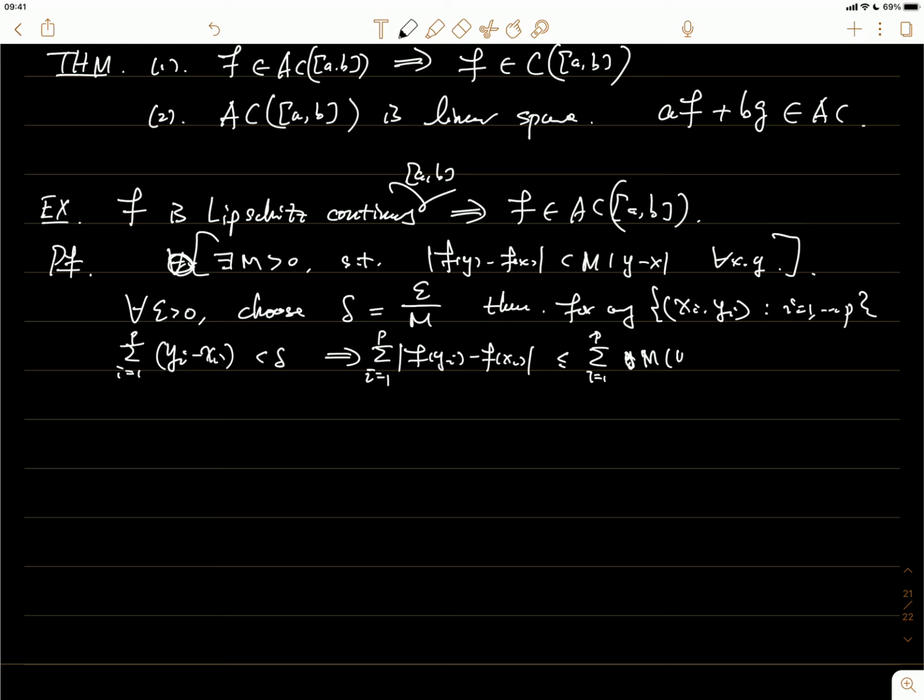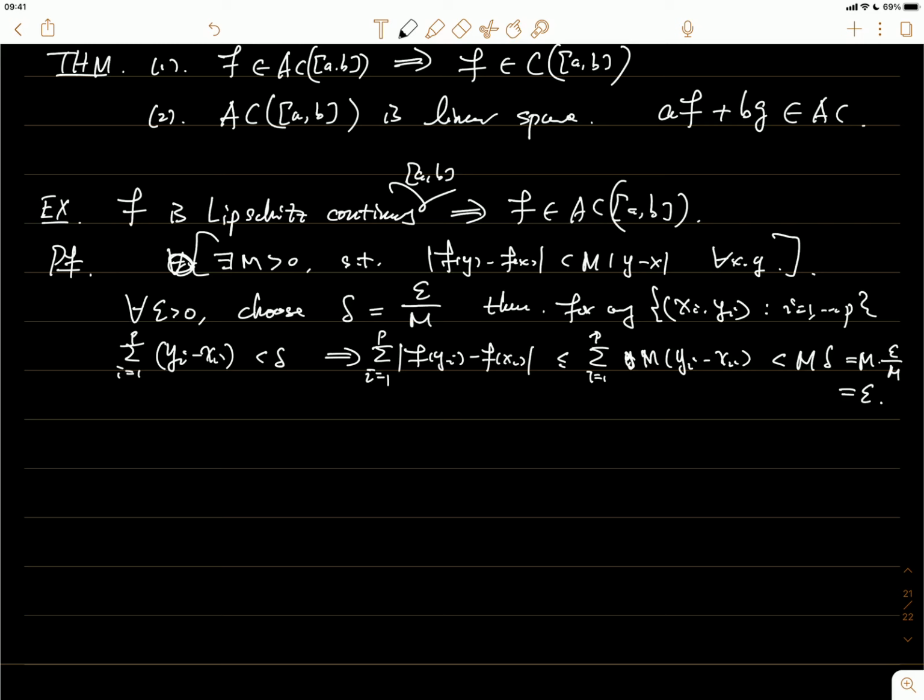Okay, so it will be m times the sum of yi minus xi, and since the sum of those intervals is less than delta, this will be less than m times delta. But delta was set to be epsilon over m, so this is equal to m times epsilon over m, and that's just equal to epsilon.